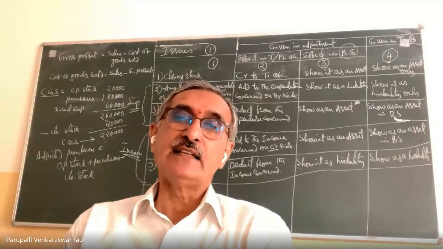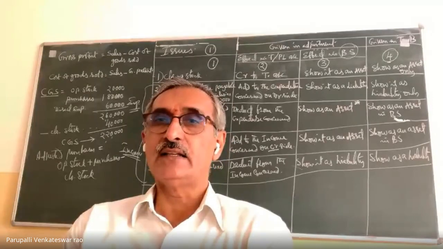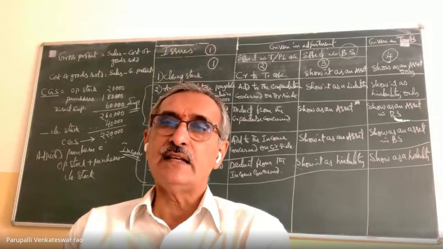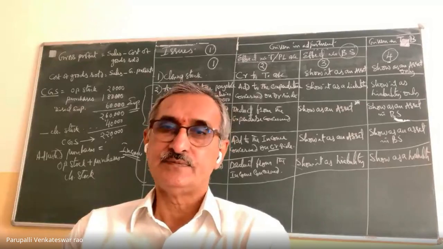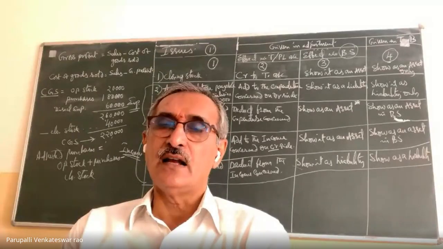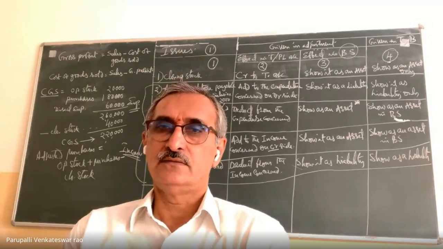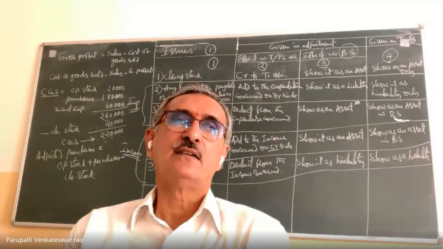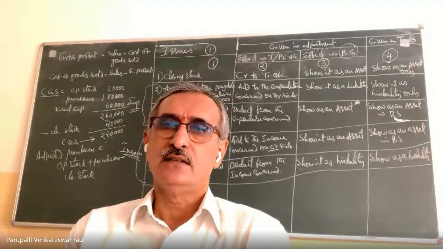Suppose it is given in the adjustments. Interest on drawings, if it is given in the adjustment, what do you do? Credit to P&L account. Write: credit to profit and loss account.